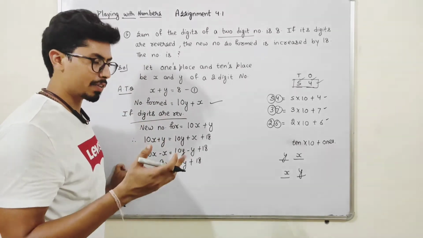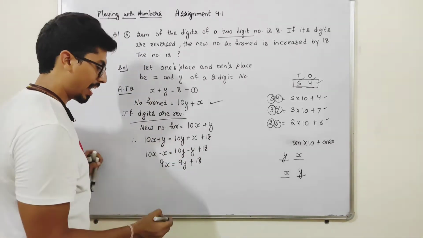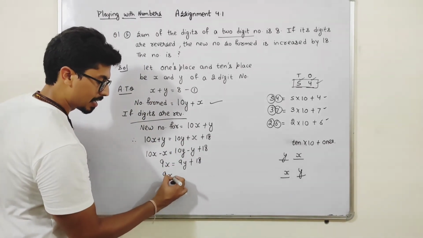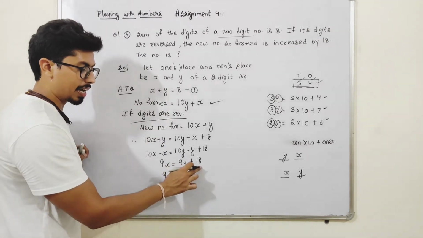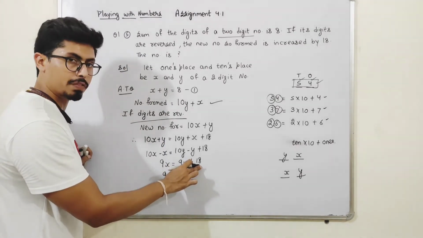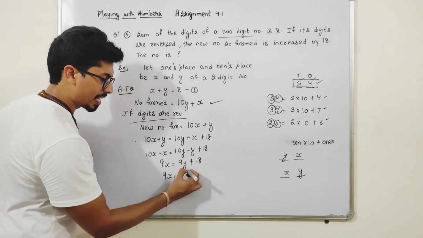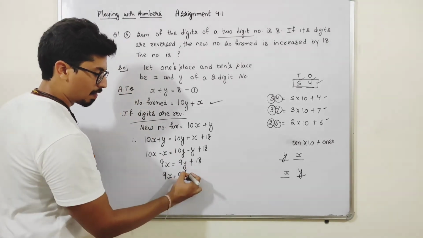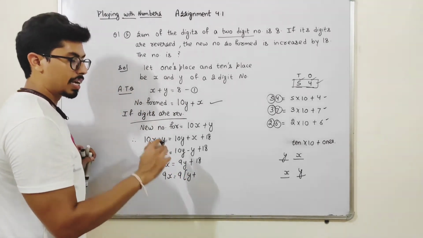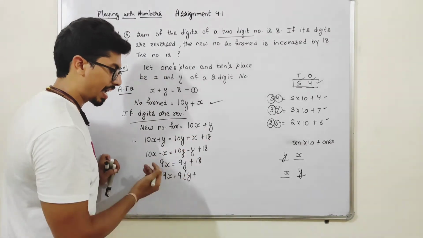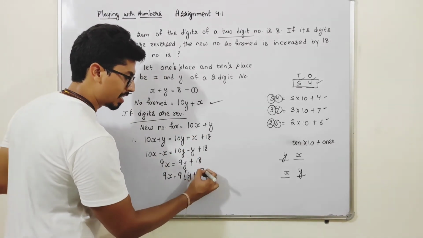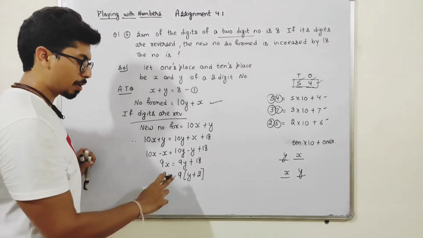So just do one thing, you can simplify it more. See, 9 is here and I can take 9 out of 18 also. So if I take 9 common, it will be y as it is, students. 9 2s are 18, and I take 9 common, so the only digit remaining will be 2, because 9 2s are 18.